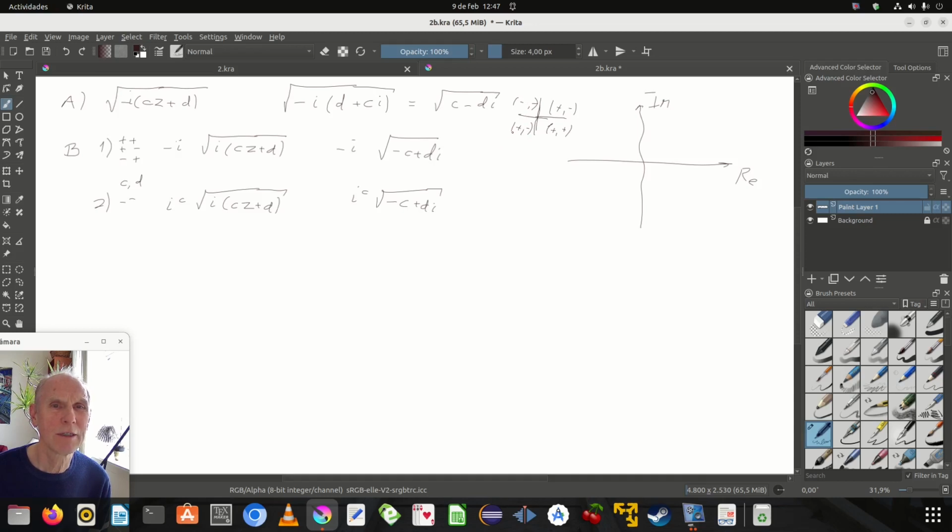No, here c is negative, so it's minus plus.